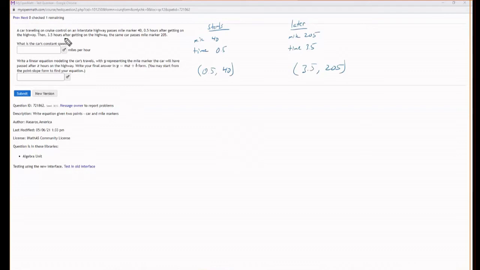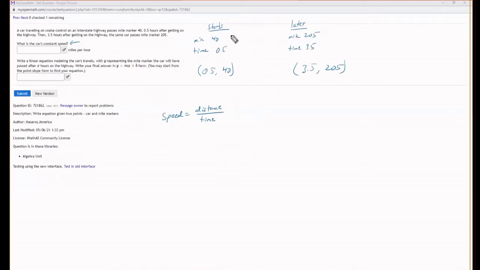Okay. What is the car's constant speed? So speed is distance over time. Or we can think of it as being like slope, right? Speed and slope are really kind of the same idea. There's two sides of the same coin here. So what I want to do is look at how far the car traveled.